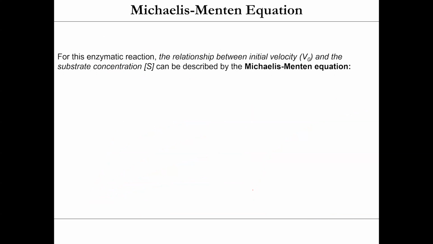And so when you do experiments like this, where you're plotting basically the initial velocity and the substrate concentration, this relationship can be described by an equation called the Michaelis-Menten equation.